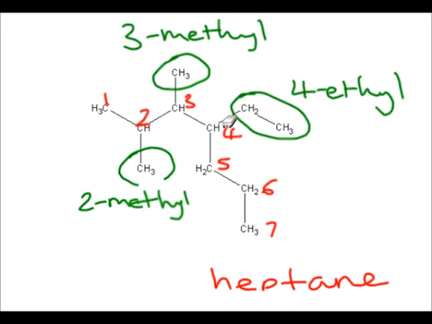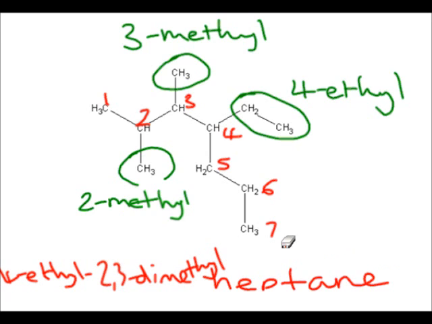Again, remember to number the longest carbon chain so that it gives the branches the lowest possible number. Two methyl groups will become dimethyl. And again, because E is before M in the alphabet, we will list that first. So this alkane will be 4-ethyl, 2,3-dimethyl heptane.